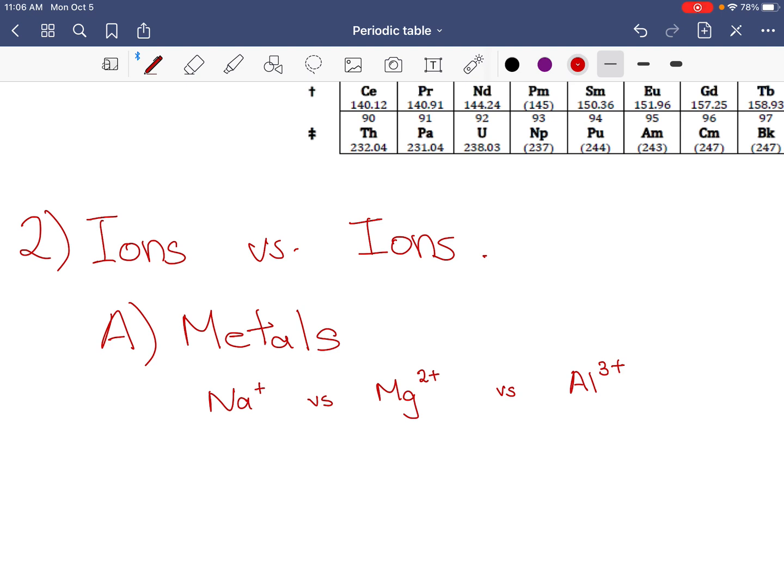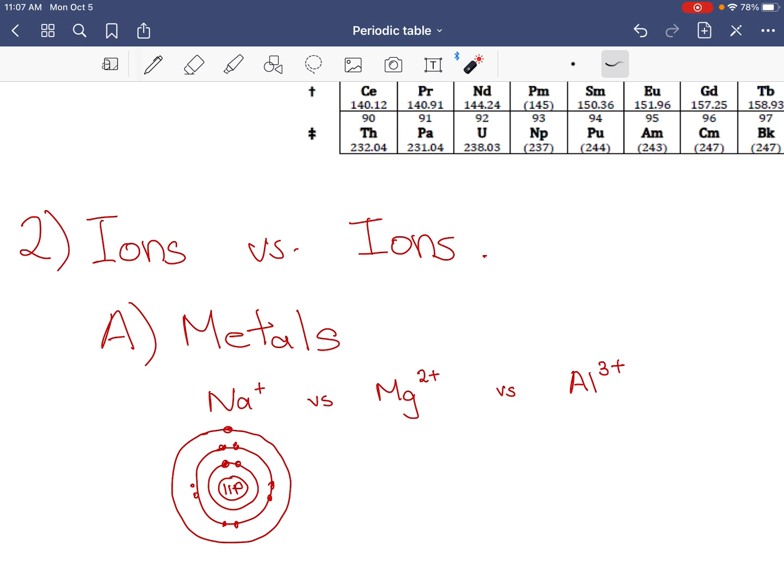Okay, sodium first. Sodium will have 11 protons. So here's sodium with 11 electrons. But we all know that sodium is not happy right now. This is not a sodium ion, this is just a sodium atom. What does sodium want to do to become a sodium ion?